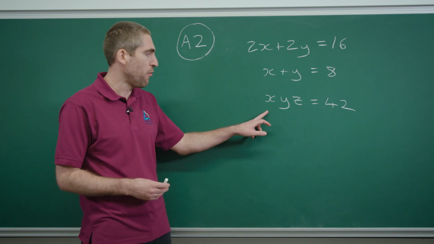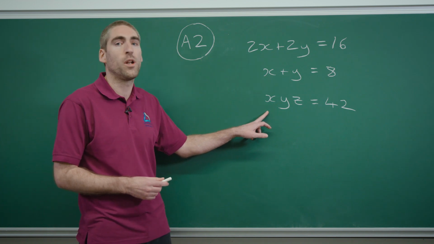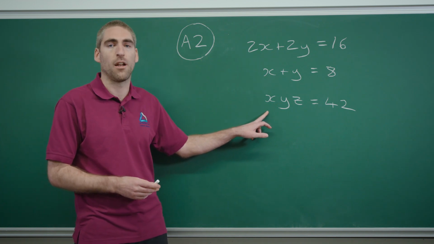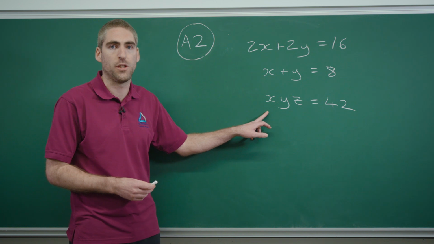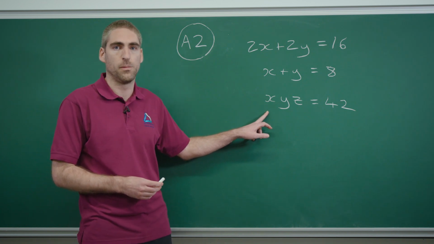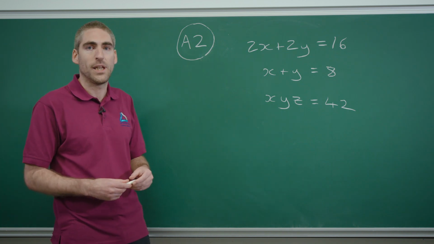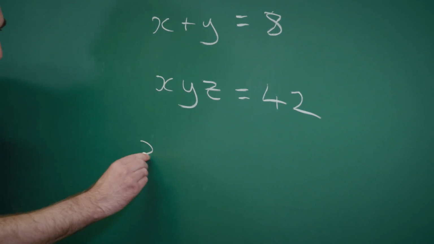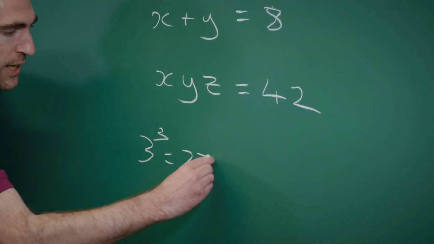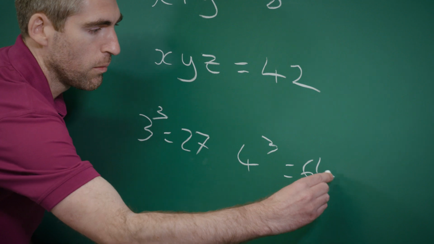Now, if I have three whole numbers that multiply together to give 42, the smallest of these should be less than or equal to the cube root of 42. You might like to take a moment just to think about why that's true. Now, 42 is between 3 cubed, which is 27, and 4 cubed, which is 64.